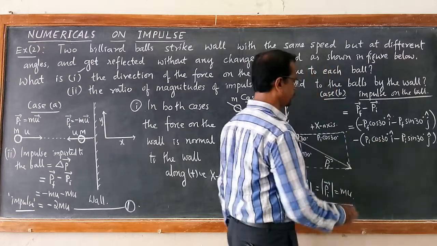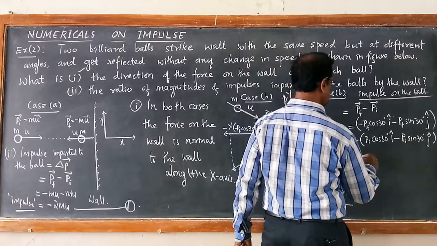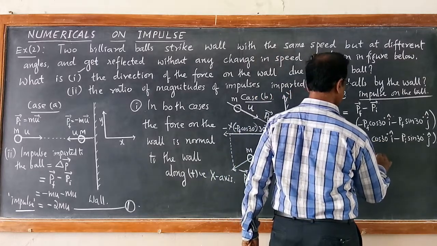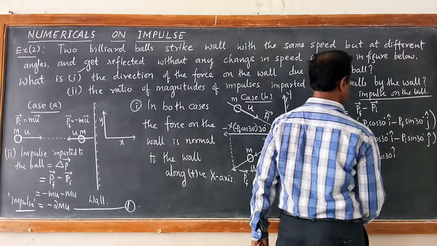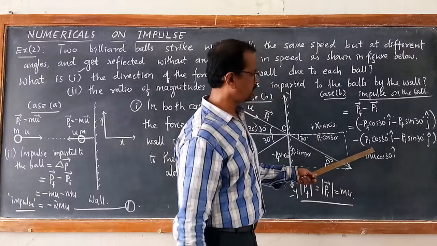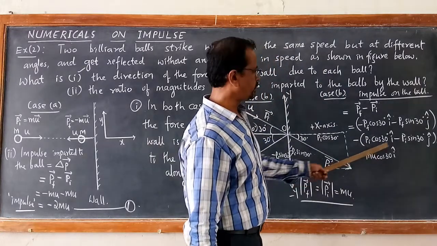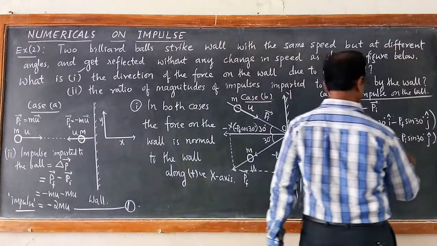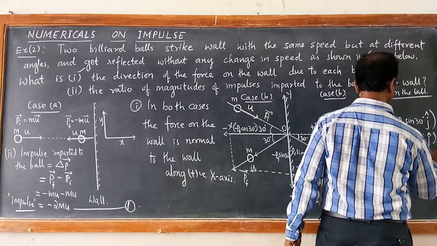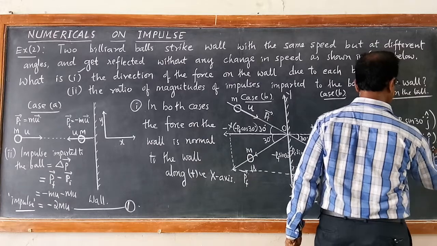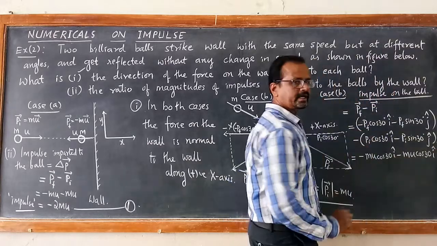Then it becomes minus mu cos 30 i cap, and club this other x component with this, so minus mu cos 30 i cap. This minus this I have taken out.